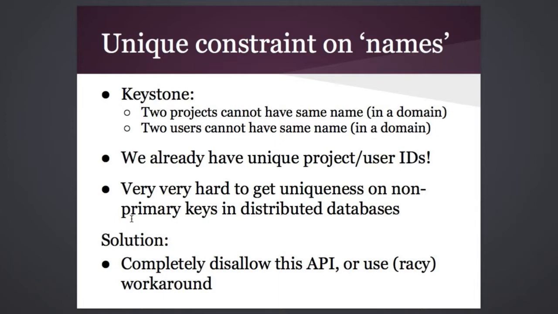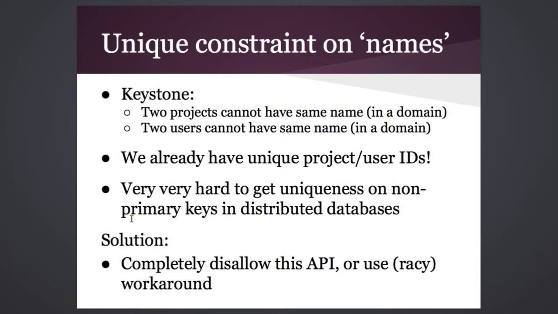In OpenStack currently there is a limitation that two projects cannot have the same name. So how do we deal with this situation? The solution we had was to just block the API where one can change the name of a user or a project inside a domain.